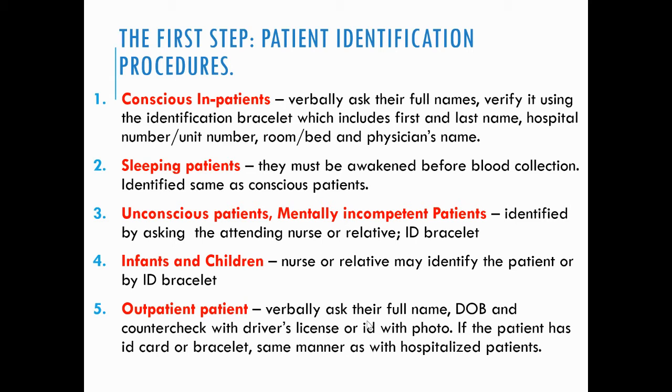So inpatients meaning those patients who are admitted inside the hospital, and conscious meaning they don't have any kind of limitations on themselves, like they are capable of doing the things that they can do.